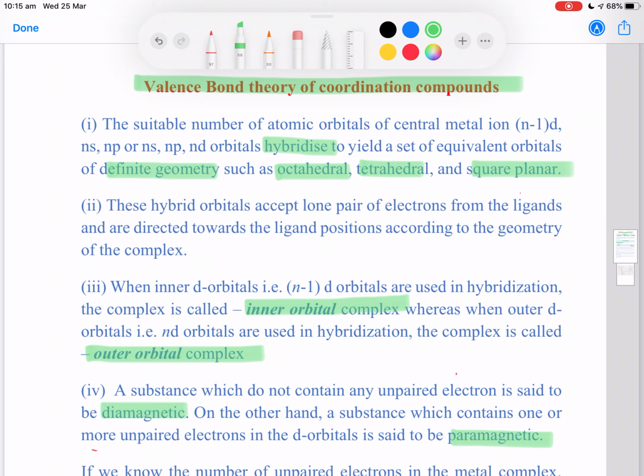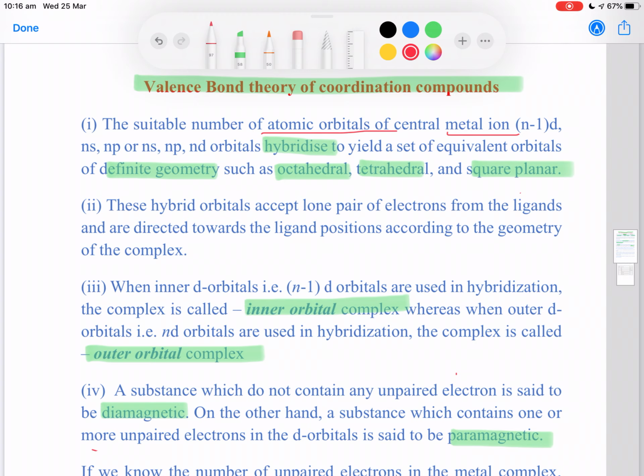So when I talk about hybridization, we know hybridization is a process of mixing of atomic orbitals, right? So atomic orbitals of what mix over here? Without any doubt, it's the metal ion. It's the central metal ion which participates in the process of hybridization.